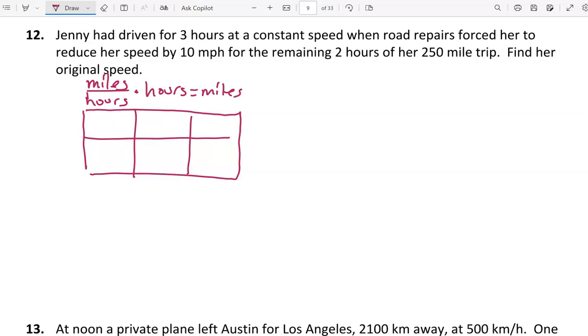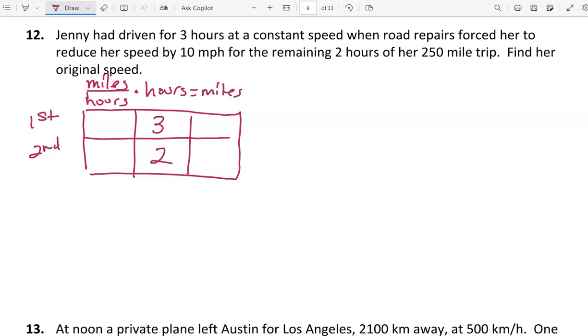And Jenny was driving for the first part of her trip and for the second part of her trip. We're not told what her speed is, but the first part of the trip is 3 hours and the second part is 2 hours. We do know that road repairs forced her to reduce her speed by 10 miles per hour for the second part.